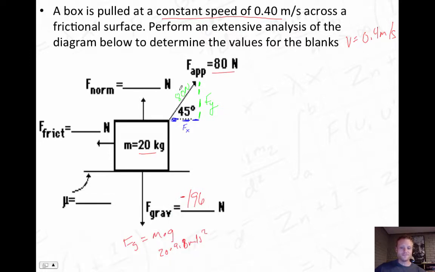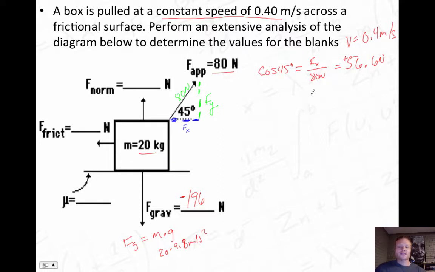So let's do it. I'm going to do the x one first. I'm going to take the cosine of 45 degrees equal to f sub x over the hypotenuse, which is 80 newtons. And again, I just make the assumption that you guys will do the math. If you do the math, I get about 56.6 newtons. And this would be in the positive direction because it's moving right.